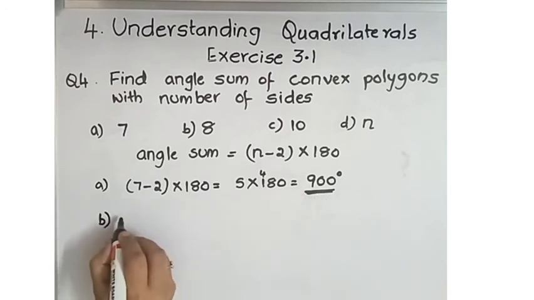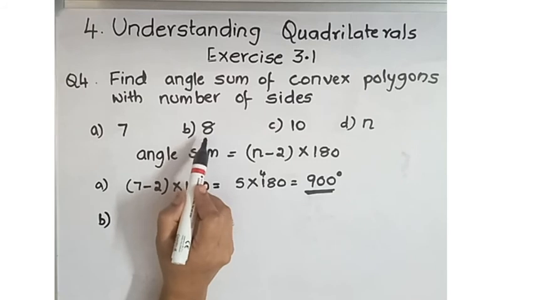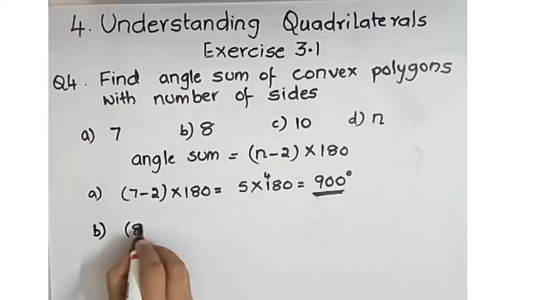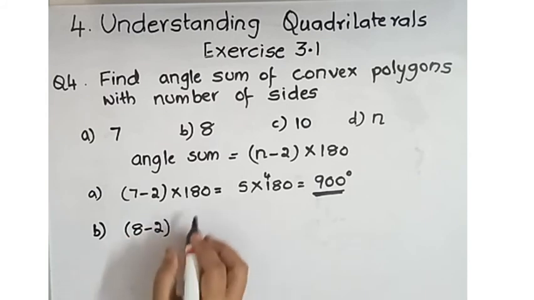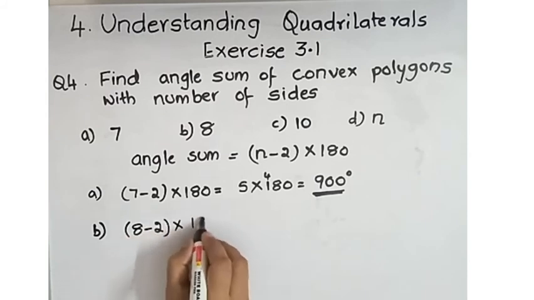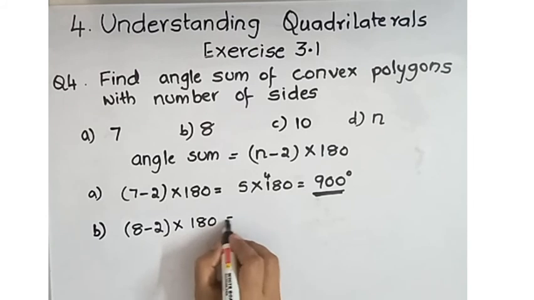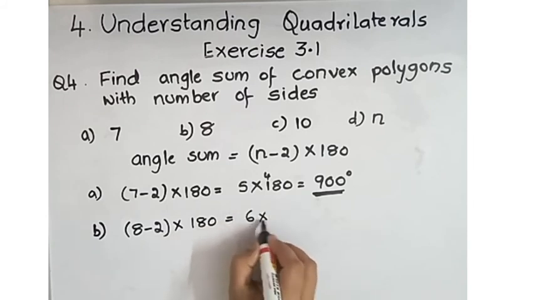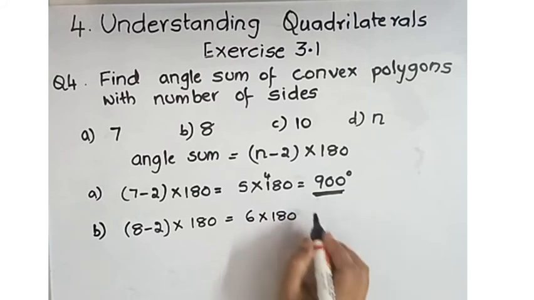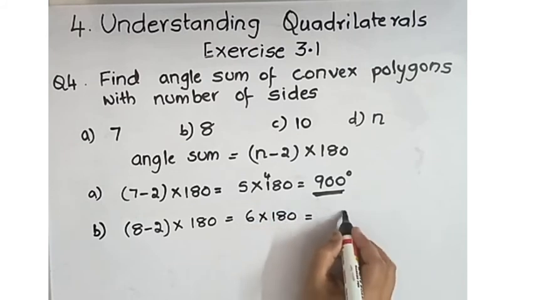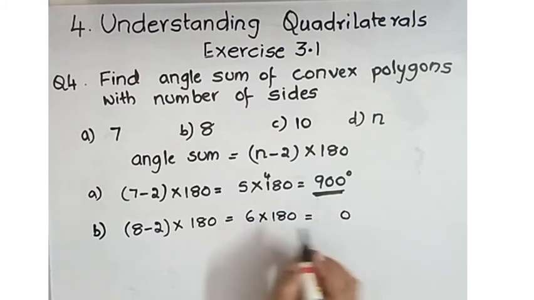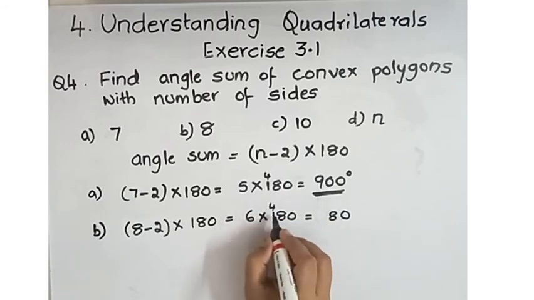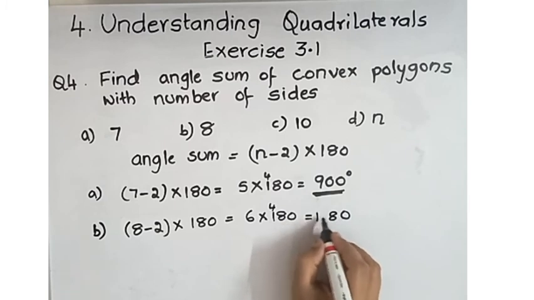Question number B. Value of n will be 8 here. So 8 minus 2, that is n minus 2 into 180. 8 minus 2 will give you 6 multiplied by 180, which will be 6 zeros are 0, 6 8s are 48, carry, 6 ones are 6 plus 4 will give you 10.